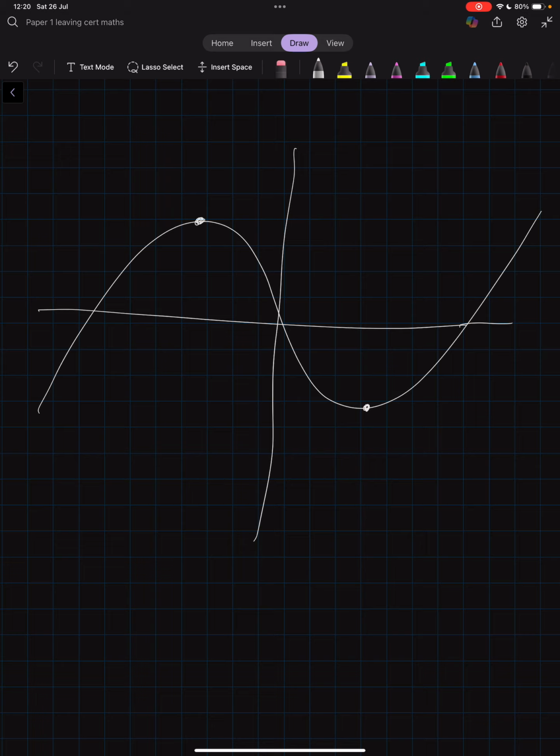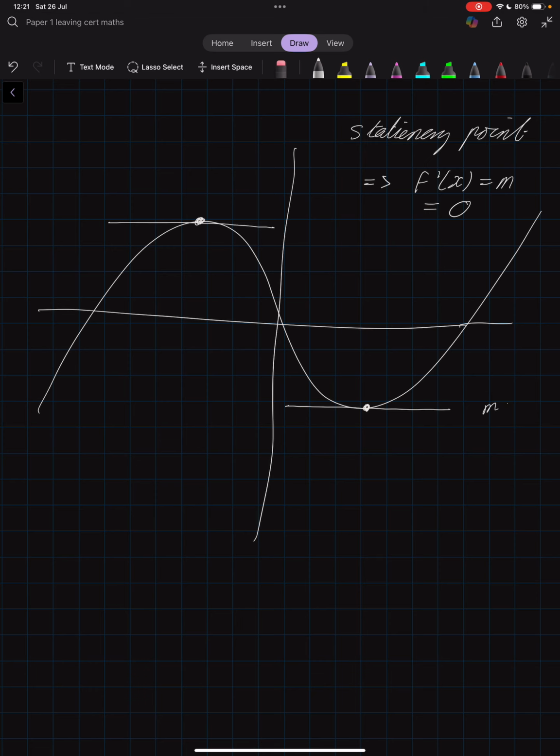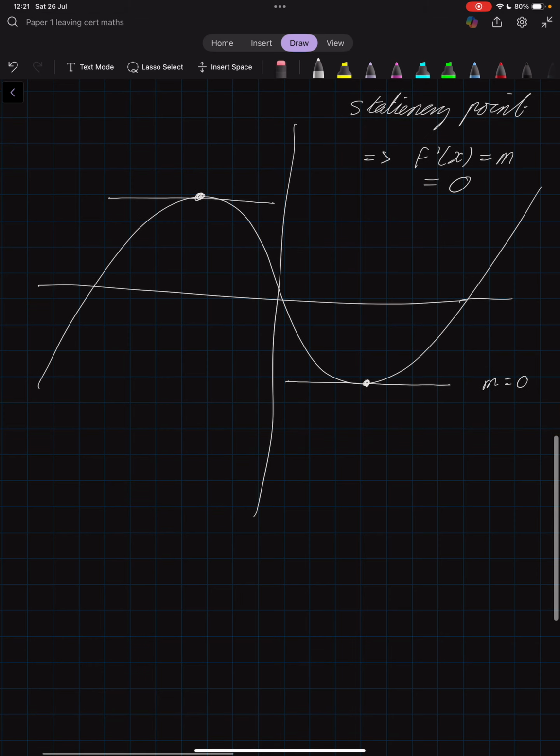A stationary point basically means that the slope f prime of x is equal to 0. If I look at the tangent to the graph at these points, I'll see that the slope is simply equal to 0.